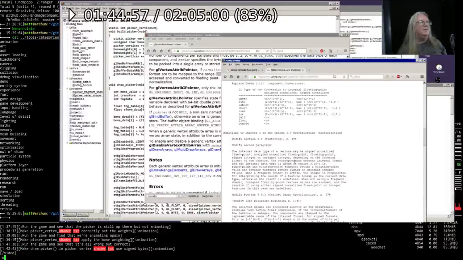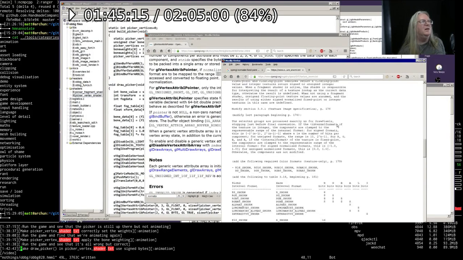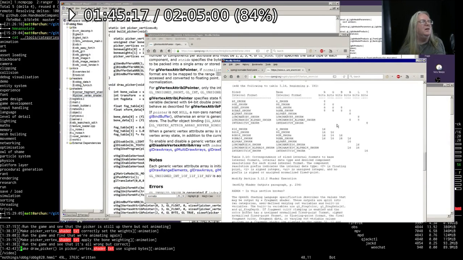Divide by 255. Okay, but that doesn't produce an exact 0, does it? 127 goes up to 254, so that's not an exact 1? I wish they didn't.